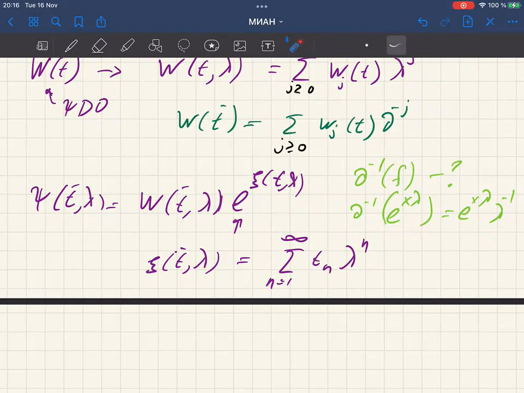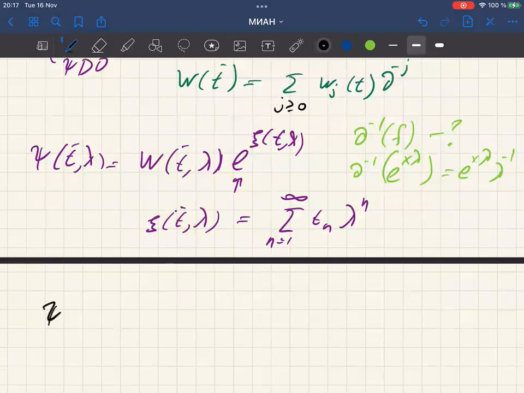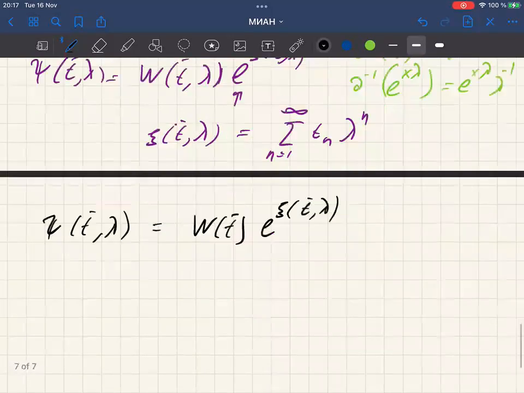And using this definition, psi of t lambda will be just the operator acting on the exponential of t lambda.